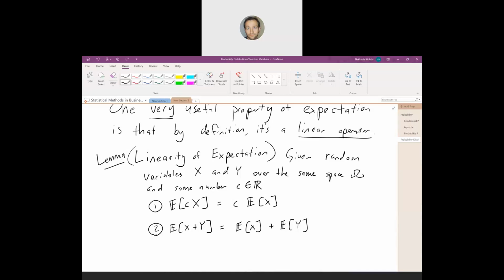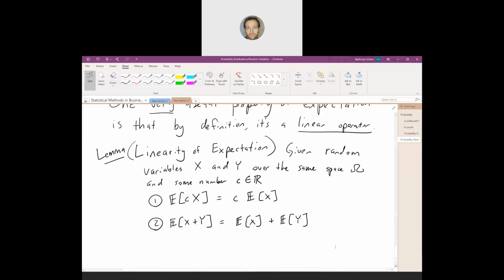And it's not a definition. I shouldn't have written that it was a definition, because a definition can be whatever you want. A lemma means that from the rules, you can derive that these two equations are true. You can prove that they're true given the rules of probability and of random variables. So it's a property of random variables.